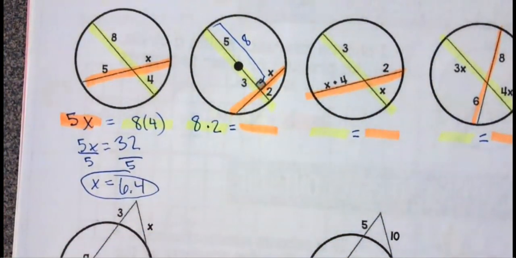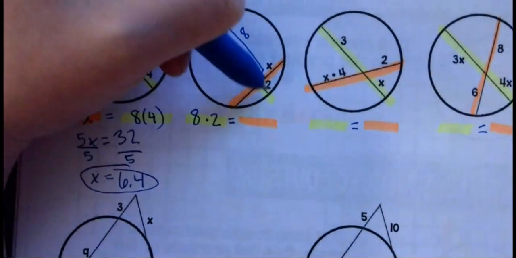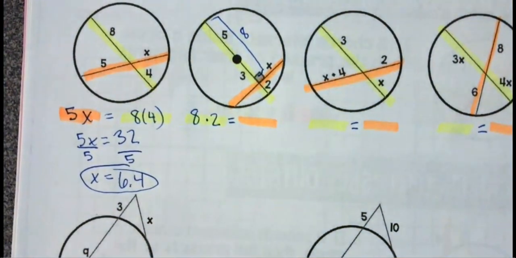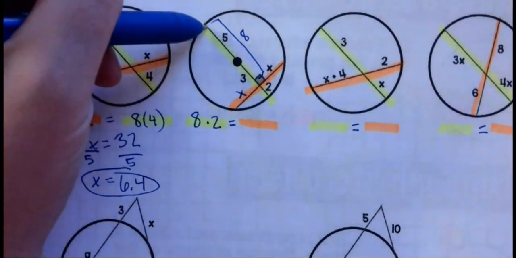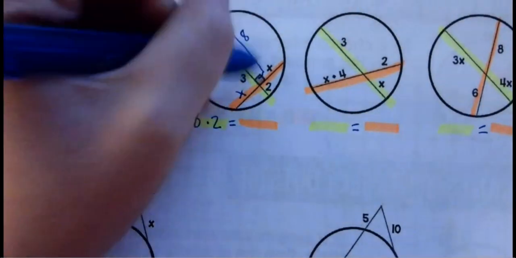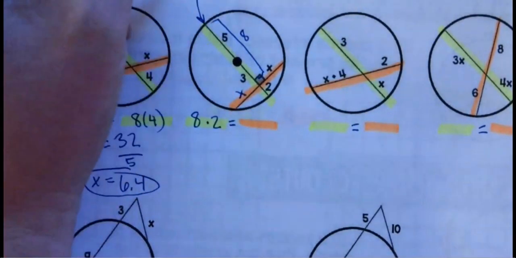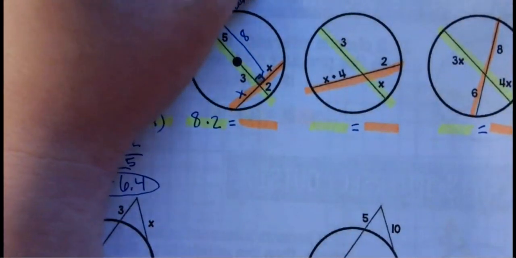And then these two are where it gets interesting, because anytime you have two chords that are perpendicular to each other, and one has to be a diameter, then these are going to be congruent to each other.